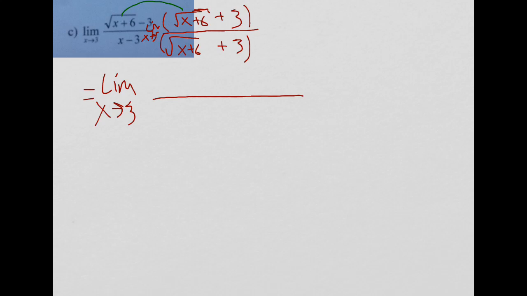Well, that's square root x plus 6 squared, so that gives me x plus 6. That's the first term I get out. Next thing I'm going to do is this by that, right there. That gives me plus 3 root x plus 6.